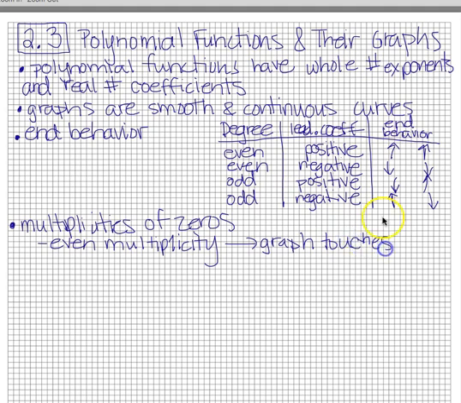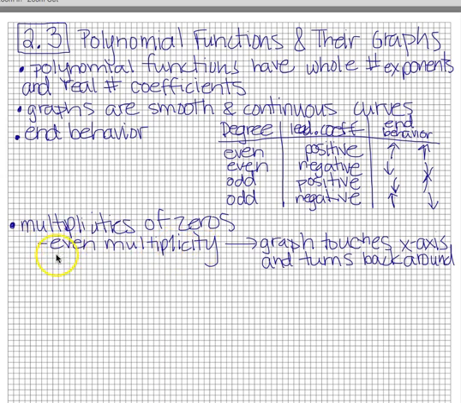Sometimes this pen is hard to use. It touches the x-axis and turns back around, meaning it doesn't actually cross the x-axis. It touches it and then turns back around.